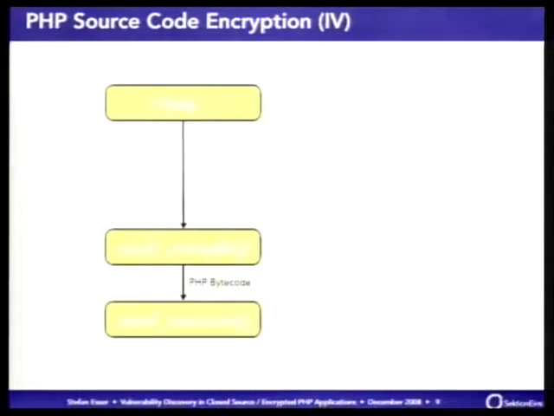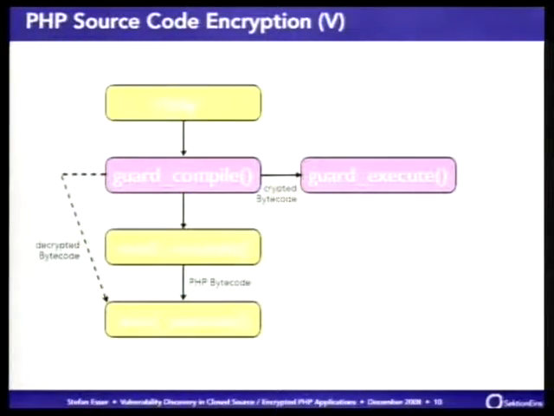I have some pictures. Normally you have the PHP source code, which is green, and this gets passed to the compile function. The compile function first tokenizes it, then compiles it, and the result is some kind of PHP bytecode, which is then passed to the execute function that executes the bytecode. So what happens when we load the Optimizer?